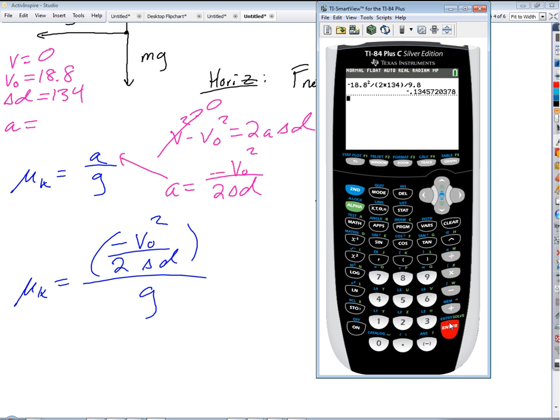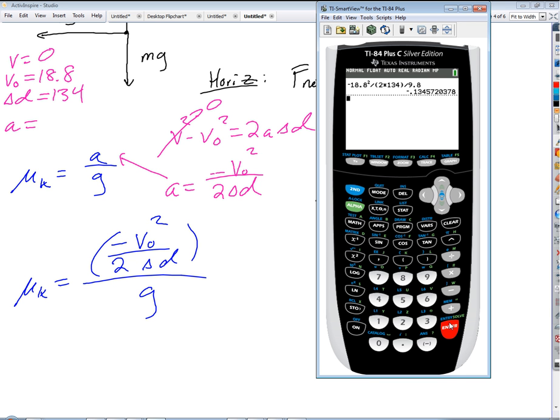Okay, now can mu be negative? Shouldn't gravity be negative? Well, g is 9.8, and usually we put in a negative g, but really mu can never be negative. What this is telling us is that it's really equal to the magnitude of a over the magnitude of g.